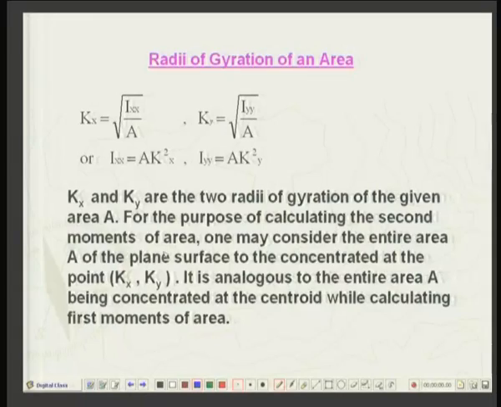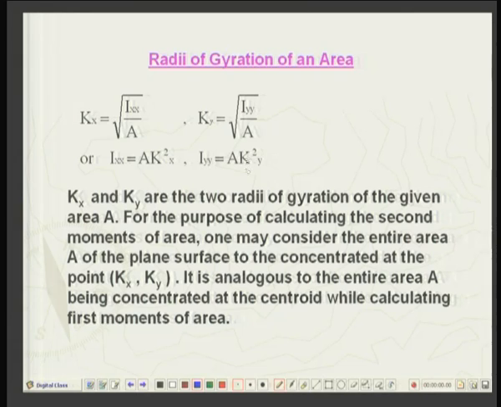That is, if you shrink or degenerate the whole area to a single point whose coordinates in the given coordinate system are kx and ky, then area times the distance along the x axis squared will give me Ixx.